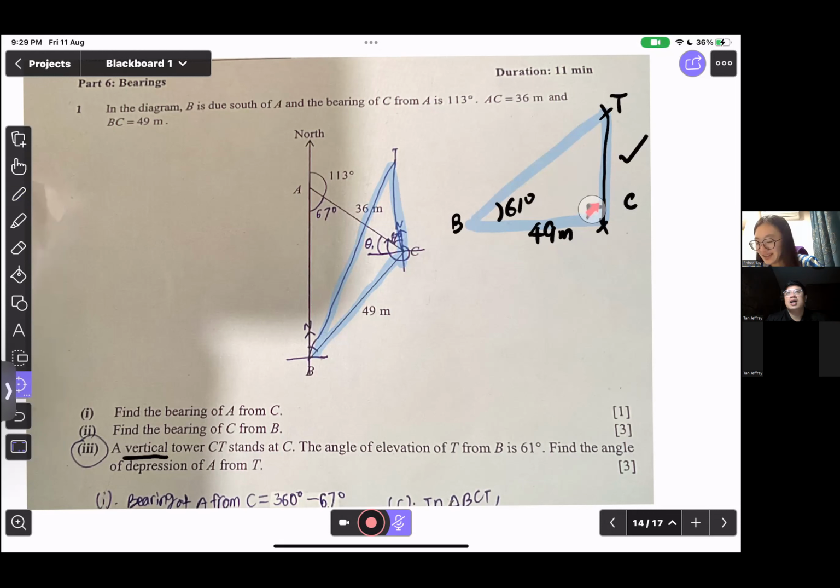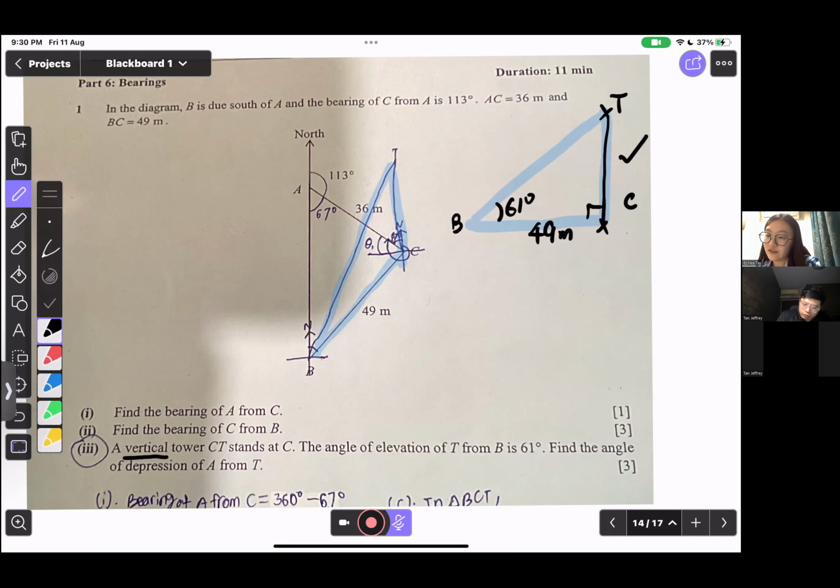After you find CT, the next part will reveal itself slowly. It's 80.398 meters. Very good.